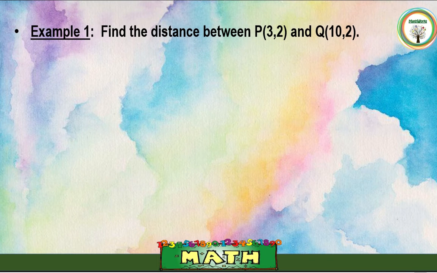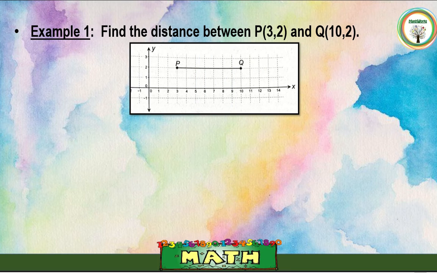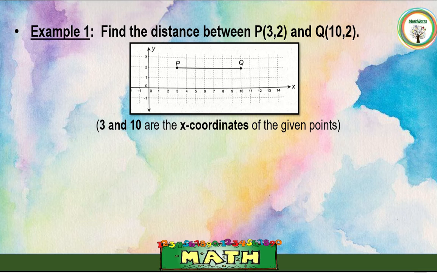Find the distance between point P (3, 2) and point Q (10, 2). Okay, so as you can see, point P is located at (3, 2), and point Q is at (10, 2). So 3 and 10 are the x coordinates of the given points. For our solution, the distance between P and Q is equal to the absolute value of 10 minus 3.